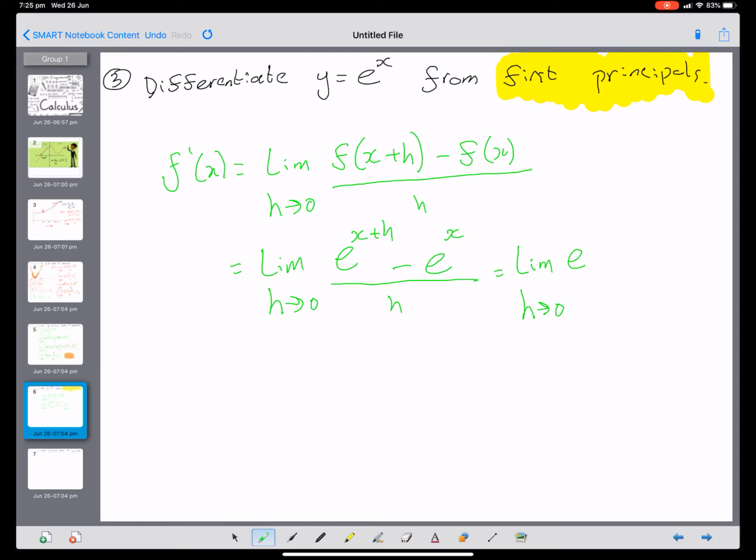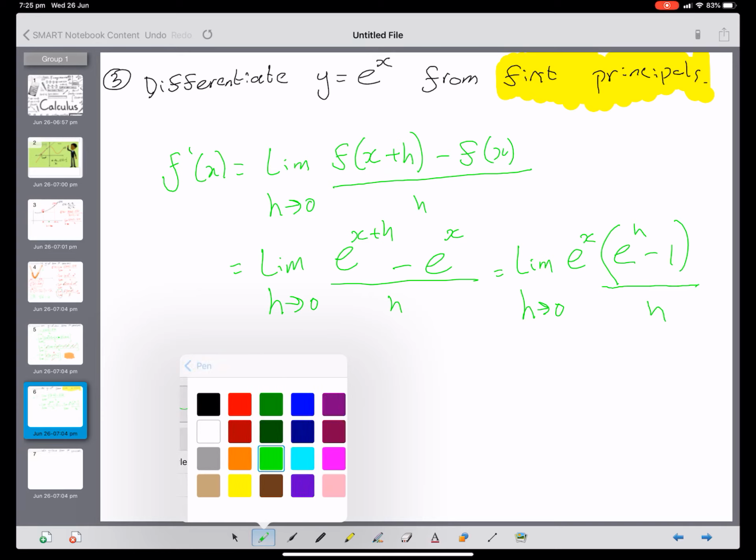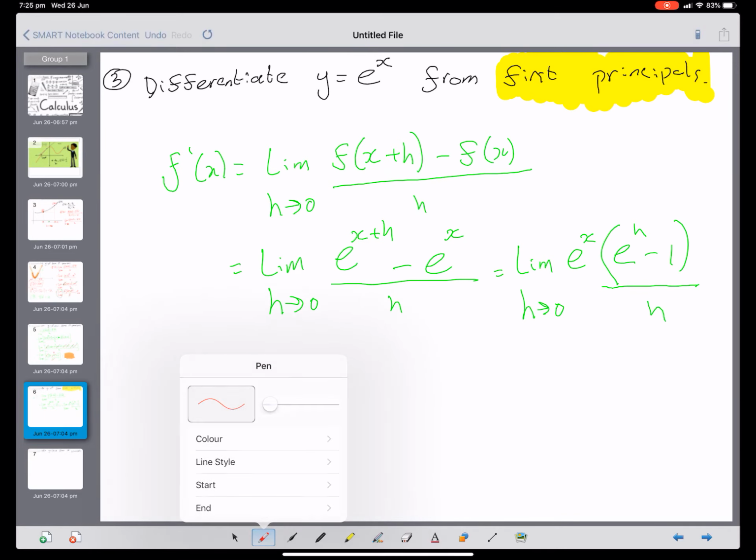We can take out e to the x to give e to the h minus 1 all over h. Now, this is our special result, which I just want to talk about. So we now need to find the limit as h goes to 0 of e to the h minus 1 over h.